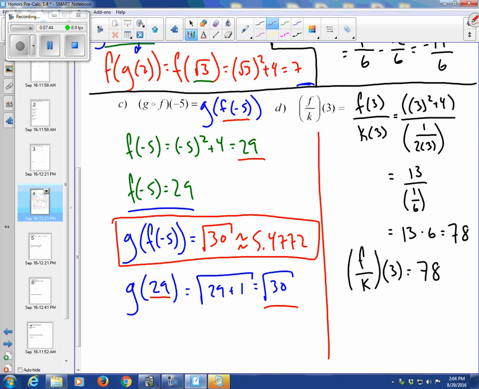So 3 squared plus 4 gives us 13 in the numerator, and our 1 over 2 times 3 gives us 1/6 in the denominator. So we're dividing by a fraction, which means we can multiply by the reciprocal to get a nicer number. And right here we have 13 times 6 gives us 78, so we would say f divided by k of 3 would then be 78.